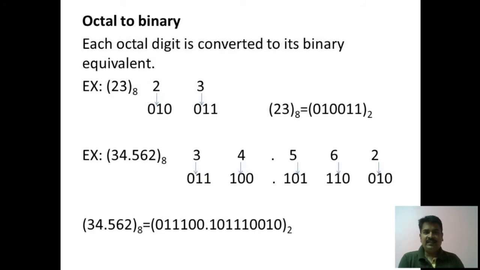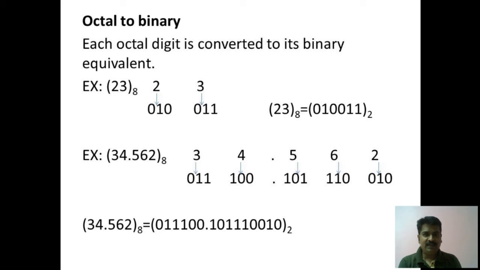Now again, another kind of conversion, it's octal to binary. Octal to binary is entirely a different procedure. Here, each digit in the given octal number is converted into its binary equivalent. Be careful, each digit has to be converted into binary equivalent. So if we look at the example, it will be very clear. Example is 23.